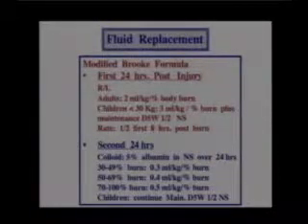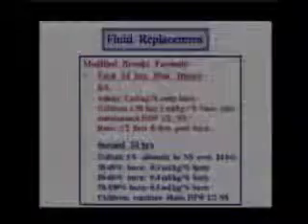And the percentages are listed here on this slide for you. I doubt that the exam asks you the exact percentages. They might ask you, though, that you would expect an order for colloids in that second 24 hours. I think there have been questions related to that on NCLEX.